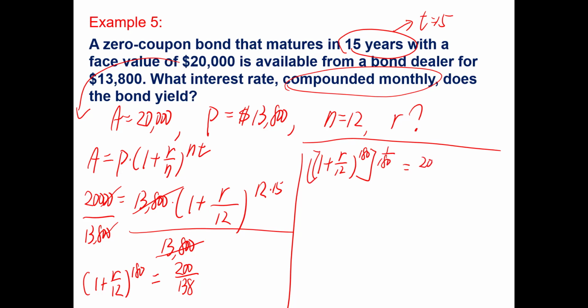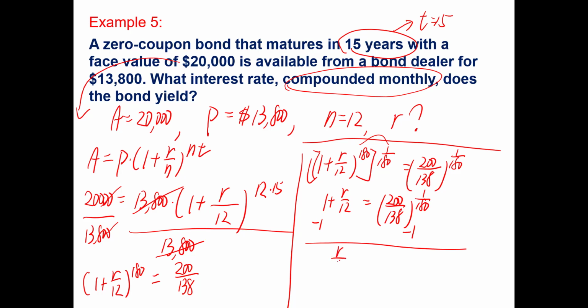So now the inner power and the power outside offset each other, and we end up with 1 plus r over 12 equal to 200 over 138 raised to 1 over 180 power. And you have to solve for r, subtract 1 first.